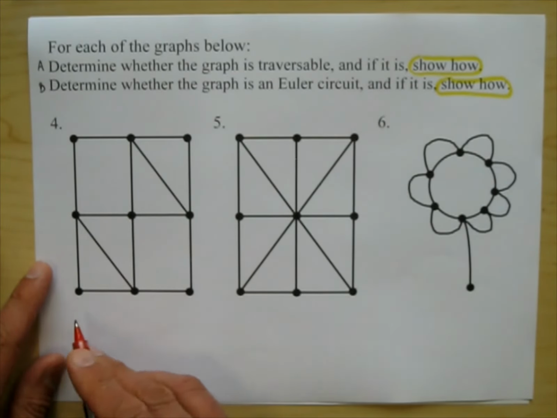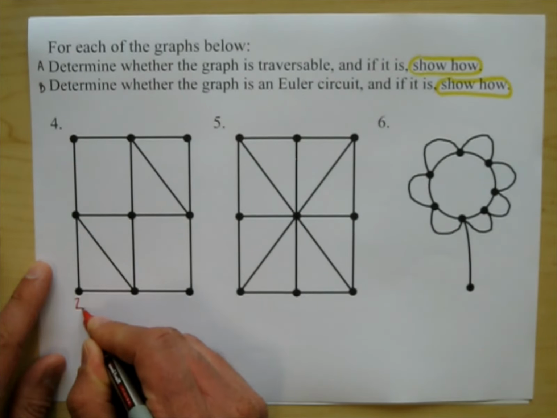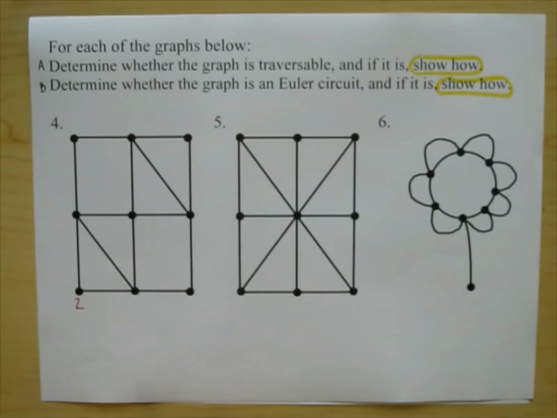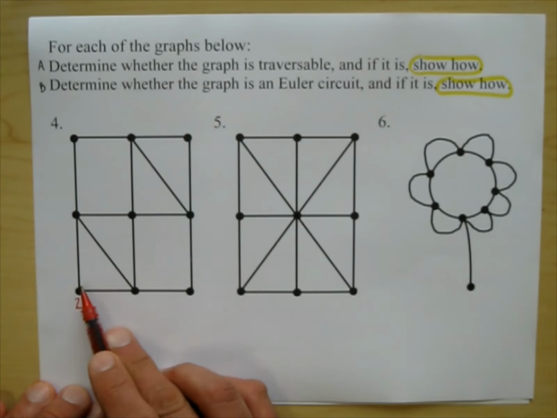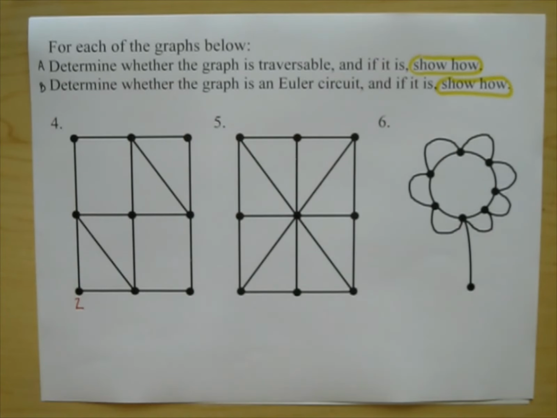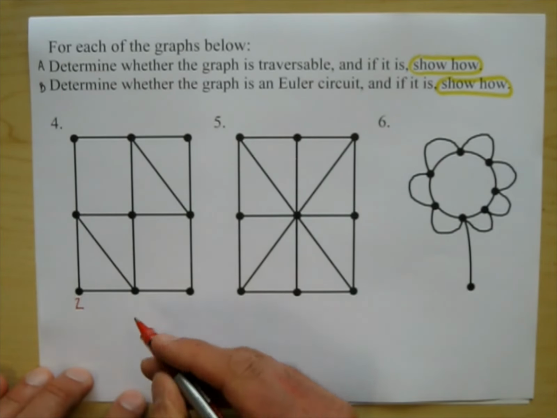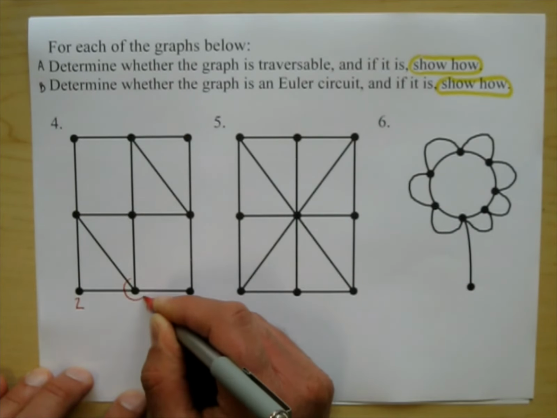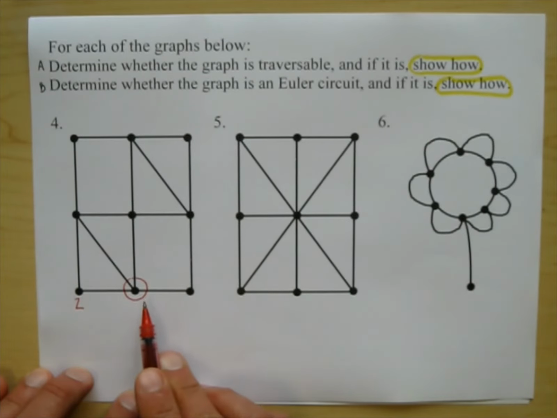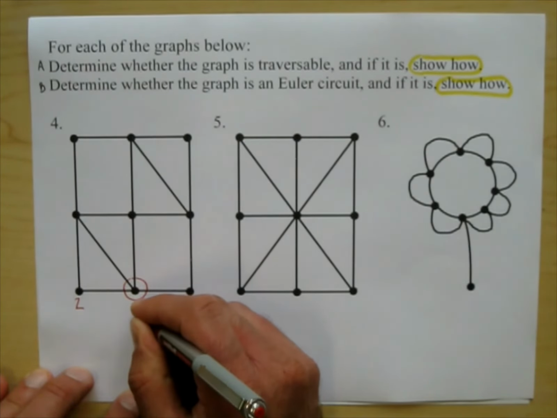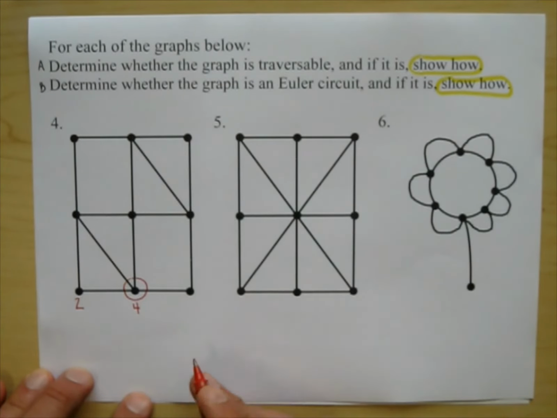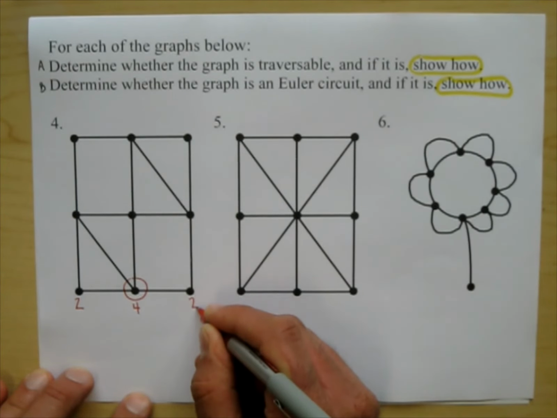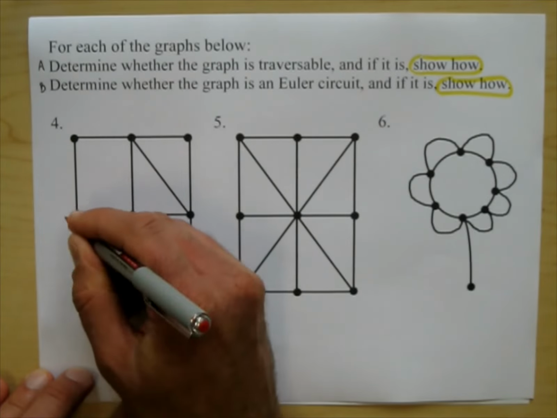This vertex gets 2, because there are 2 edges coming out of it. Now, if you're having a hard time doing these labelings, just circle the vertex and then see how many lines it hits. So look, 1, 2, 3, 4. That means there's 4 edges coming out of it. This one's a 2. Up here is a 4.